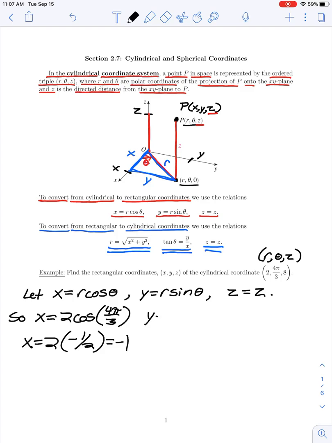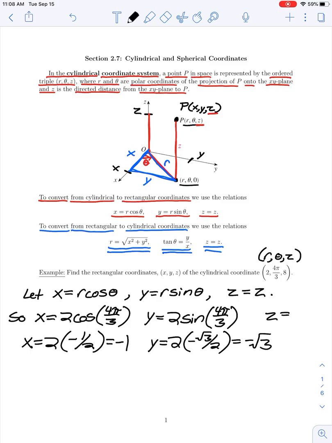Our y value is r, which was 2, times sine of theta, which was 4 pi over 3. So simplifying, we have 2 times sine of 4 pi over 3, which is negative root 3 over 2. So our y value would be negative root 3.